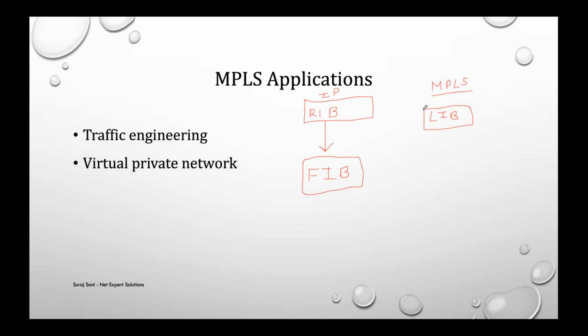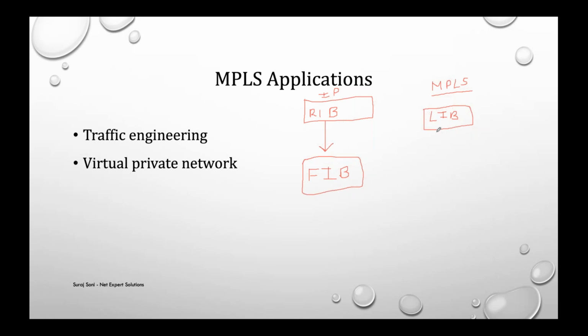There is only one best path, decided by whatever IGP parameters, but the LIB will contain all the labels which are assigned. So as many entries as we have in the routing table, similar entries we will get in the LIB, because a similar number of labels we will get.